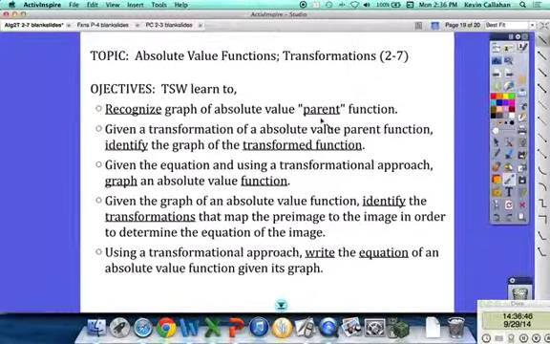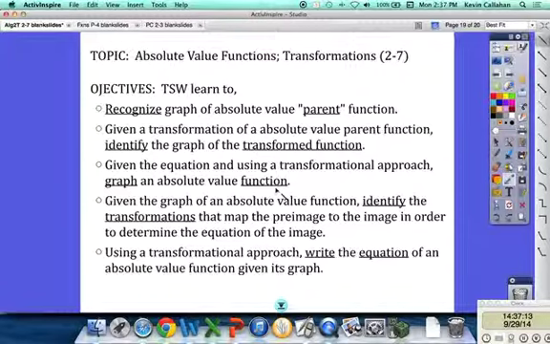At least we know one so far, which is the absolute value. If you were given the equation which shows a transformation, you should be able to pick out the right graph for it. You should be able to graph an absolute value function, not by doing a table of values, but just by applying all the transformations that we learned. That's what it's all about.